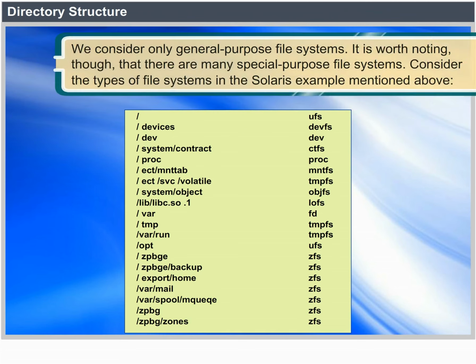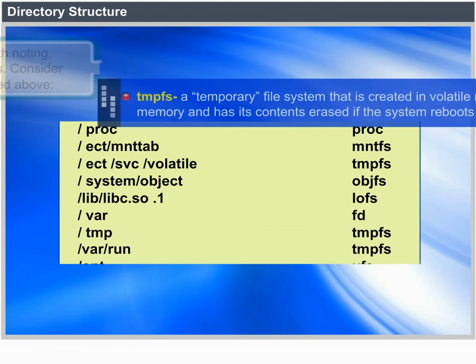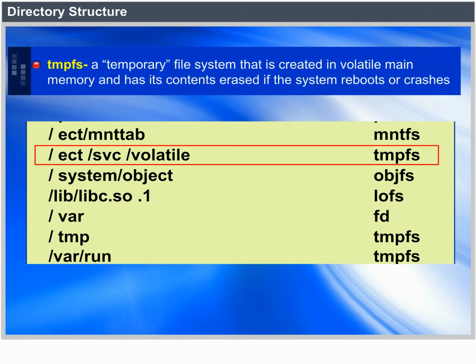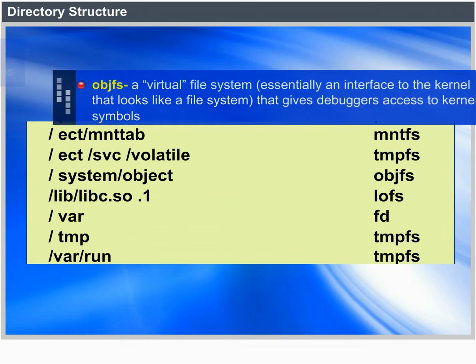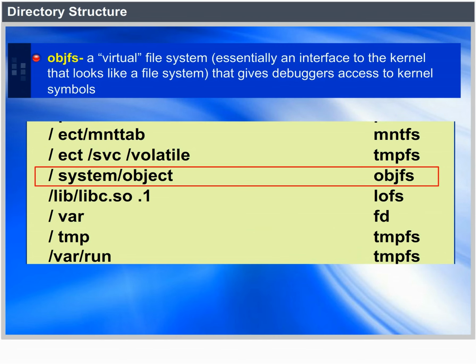It is worth noting, though, that there are many special-purpose file systems. Consider the types of file systems in the Solaris example mentioned above. TMPFS, a temporary file system that is created in volatile main memory and has its contents erased if the system reboots or crashes. OBJFS, a virtual file system, essentially an interface to the kernel that looks like a file system, that gives debuggers access to kernel symbols.